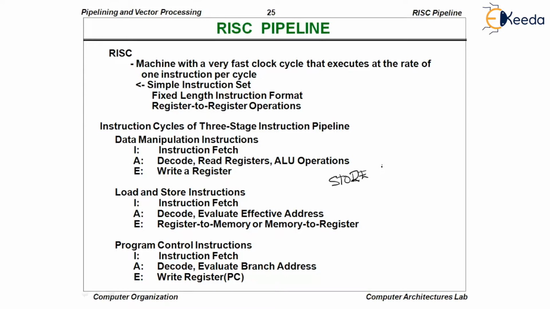store 450. When it comes to store 450, you know that the accumulator contents will get transferred to memory location 450. Now, accumulator, you know that it is a processor's register. The value of the accumulator will have to get transferred to one of the memory locations.